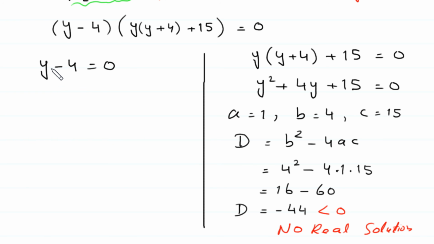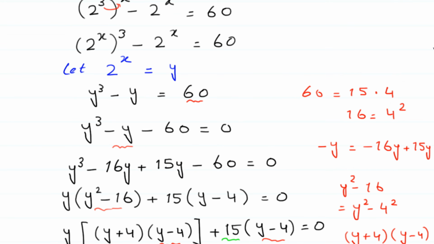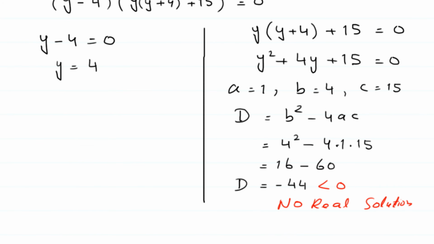Now we solve this one. Y minus 4 is equal to 0. From here y is equal to 4. The value of y is 4. Now recall that we have supposed that 2 to the power x is equal to y. In this equation we put the value of y 4. 2 to the power x is equal to 4.